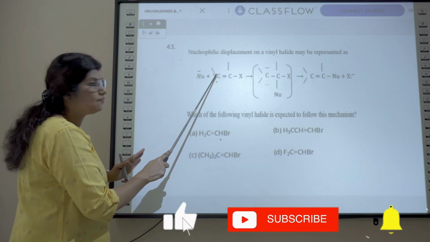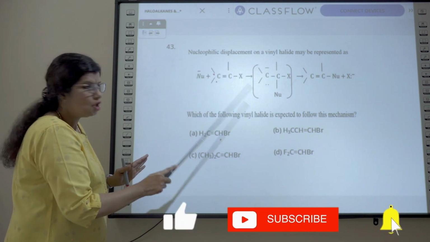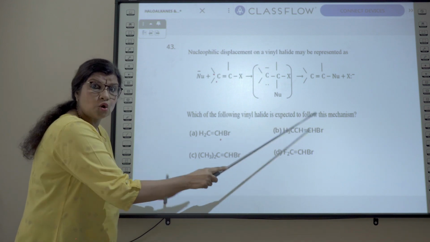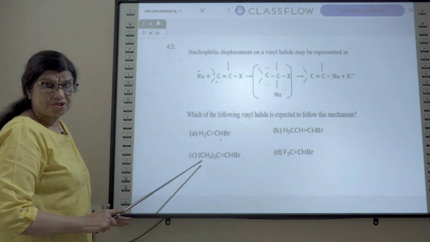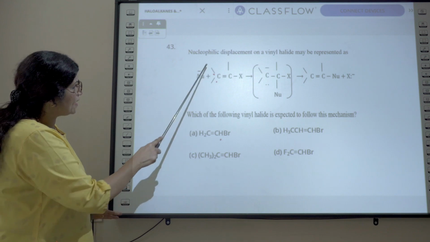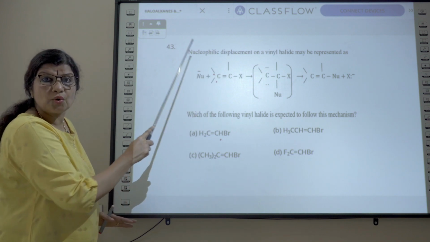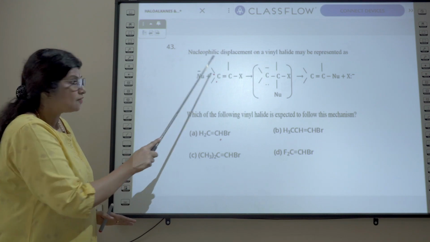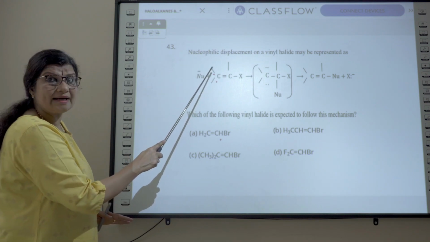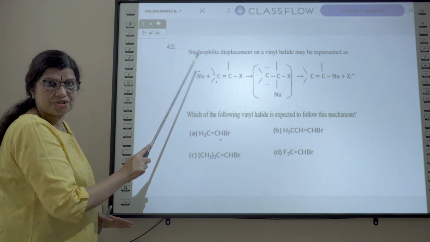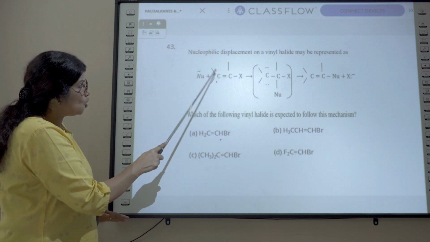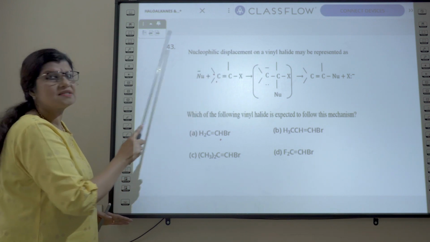So this carbon atom will not acquire a negative charge, and this option is ruled out. Look at the next option. You have two methyl groups, CH3, bonded to this carbon atom. Two electron releasing methyl groups will ensure that this carbon atom is extremely electron rich, so there's no way that the pi bond will shift to this carbon atom.